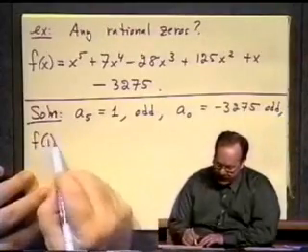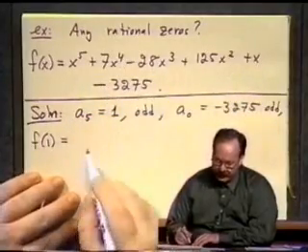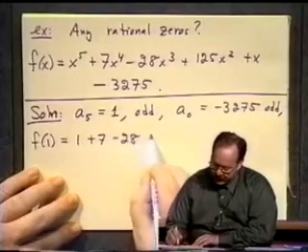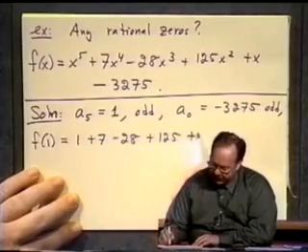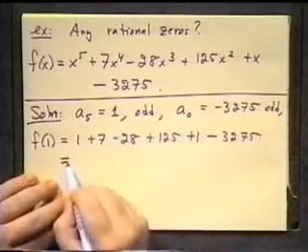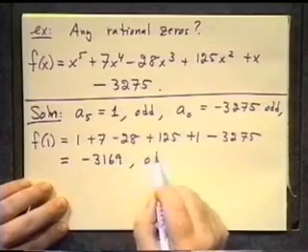And then let's look at f of 1, which remember is just when you put 1 in for x, you're just adding the coefficients. So the sum of the coefficients is 1 plus 7 minus 28 plus 125 plus 1 minus 3275. And if you drop that in your calculator, you get minus 3,169, which is odd.